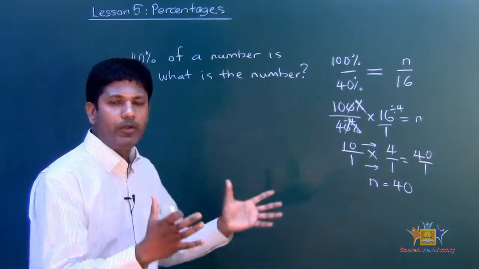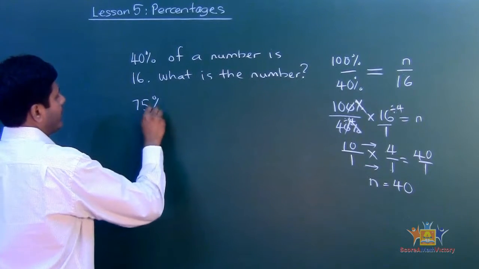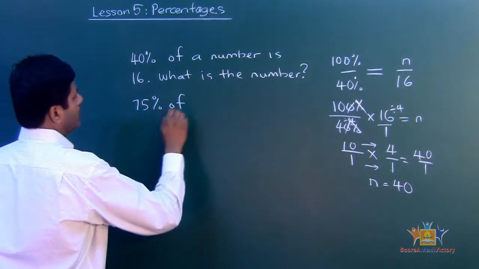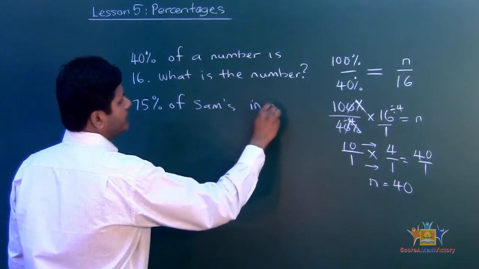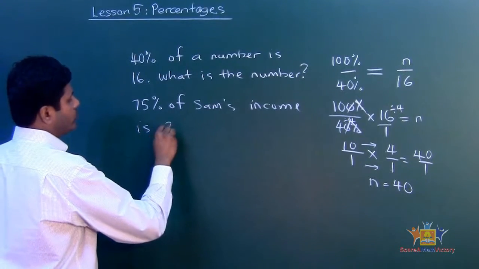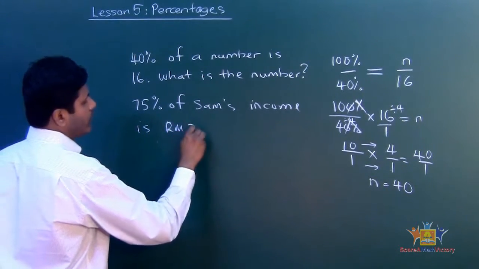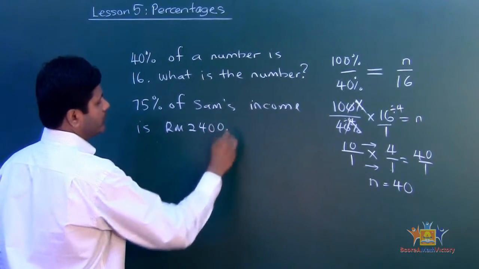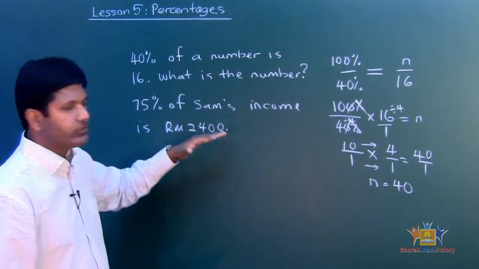So let's do a word problem. Okay, let's say for example I tell you 75% of Sam's income is, let's say, ringgit 2,400. Okay, so 75% of Sam's income is 2,400.